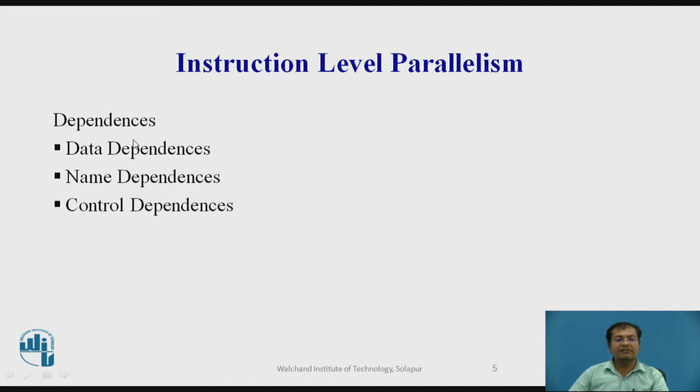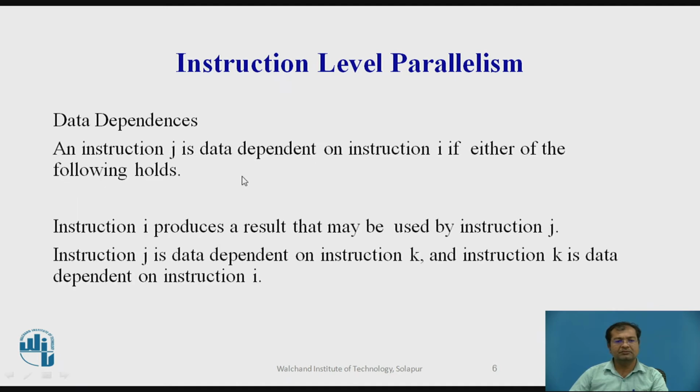We'll see the different types of dependencies. There are three types of dependencies: data dependence, control dependence, and name dependence. First we will see what we mean by data dependence.